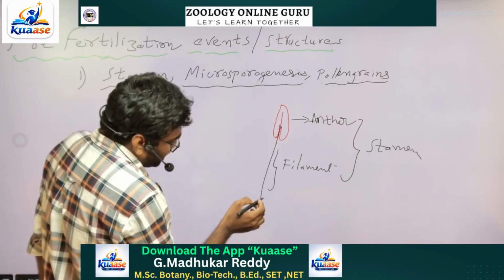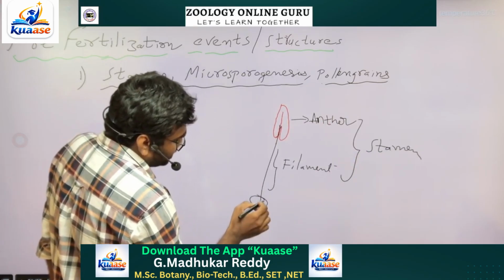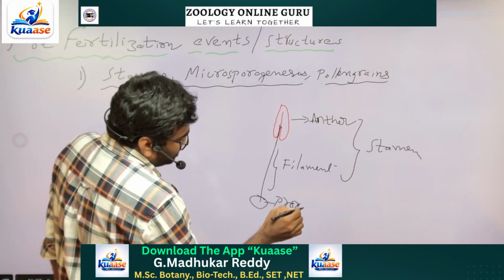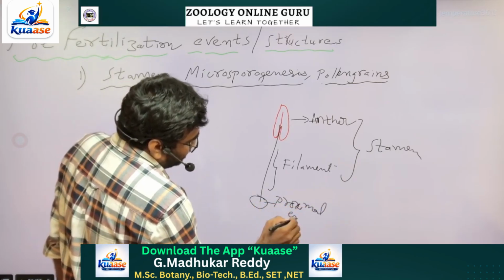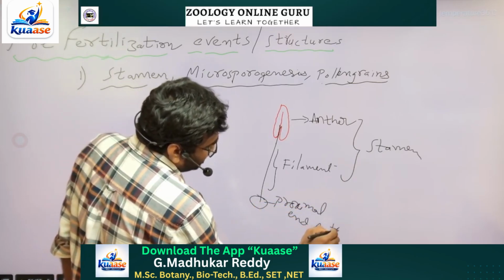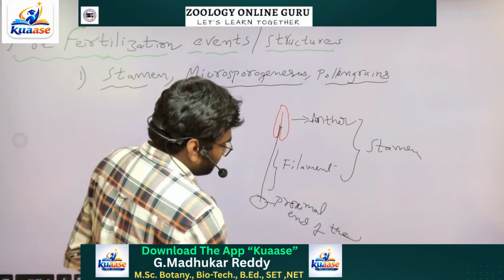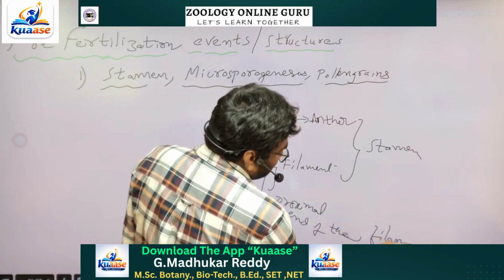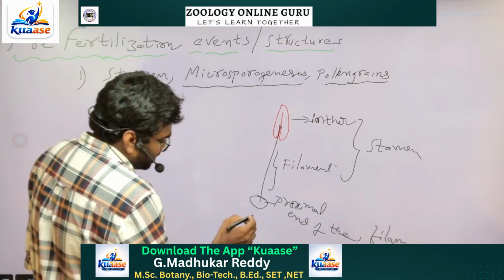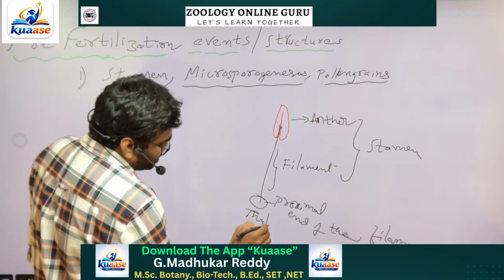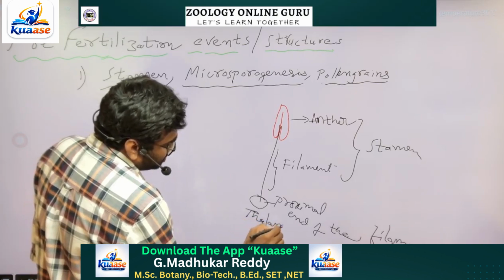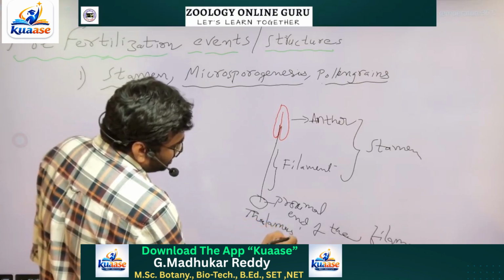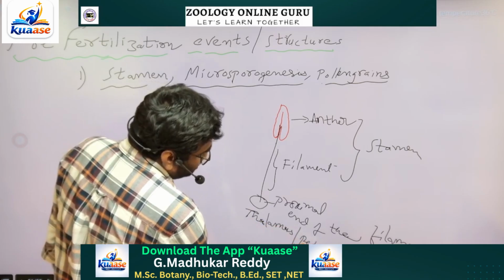This is the proximal end of the filament, and it is a previous NEET examination question: proximal end of the filament attaches to which part? It attaches to the thalamus or petals.